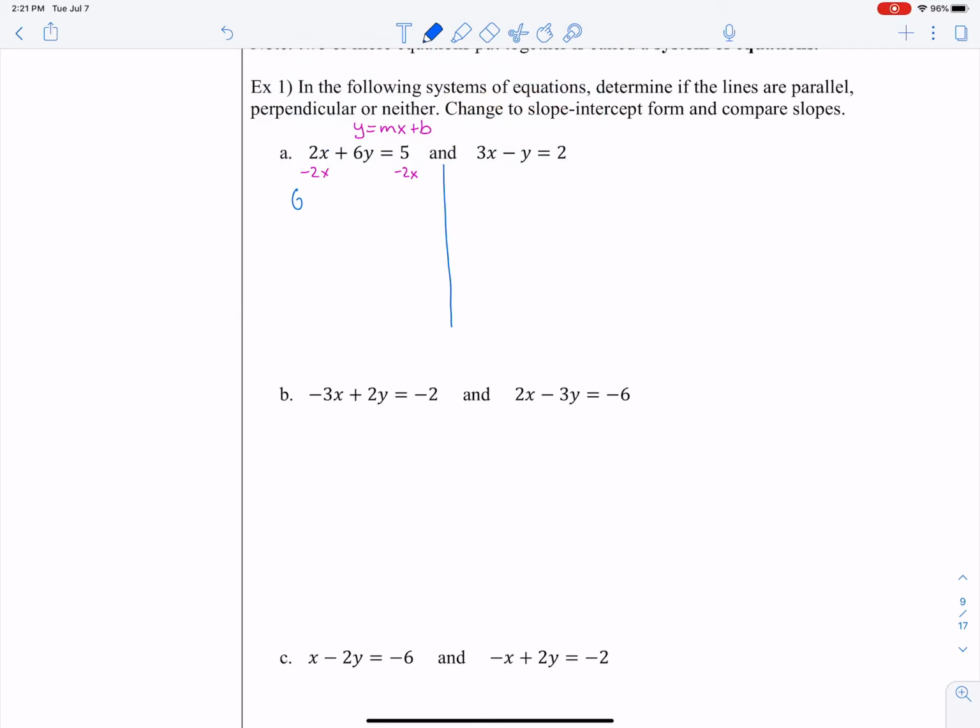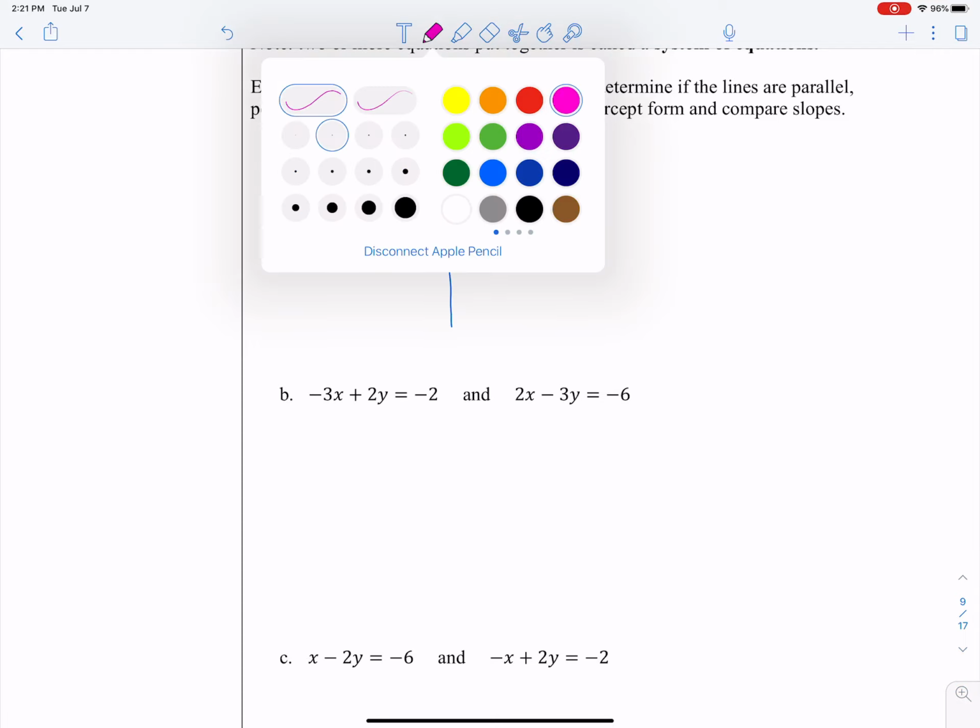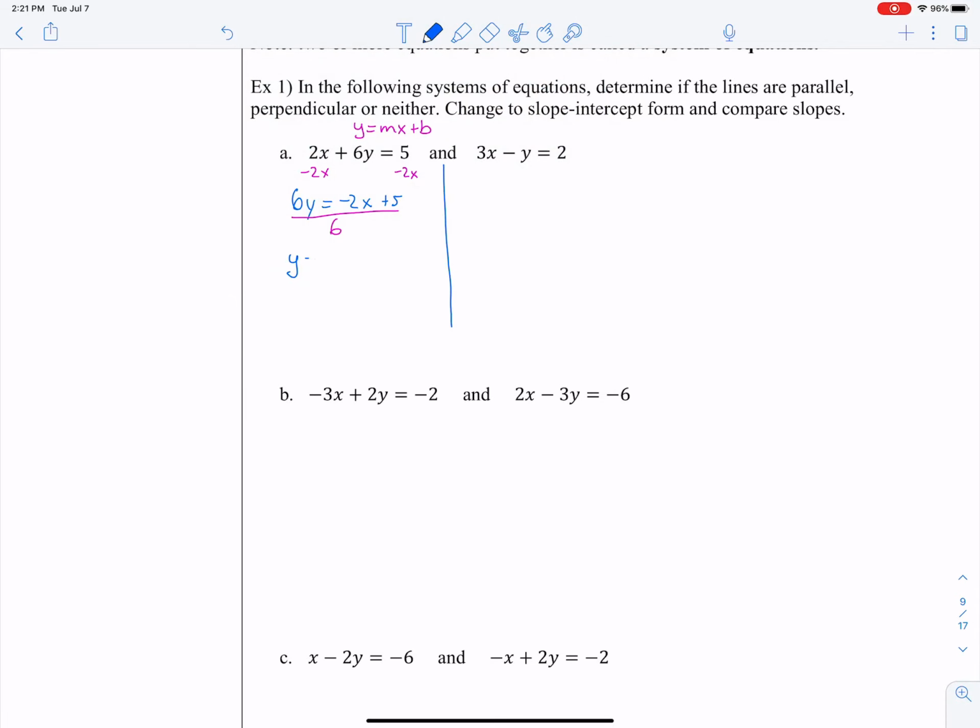So then we have 6y is equal to negative 2x plus 5. Now we have our y isolated, so we need to get rid of the 6 in front of it. So we're going to divide everything by 6. So we get y is equal to negative 2 over 6x plus 5 over 6.